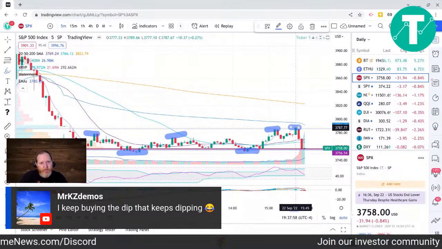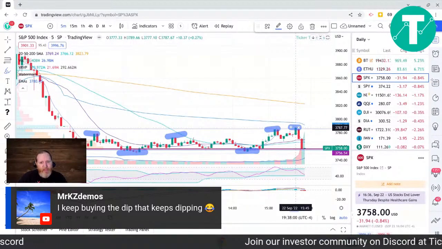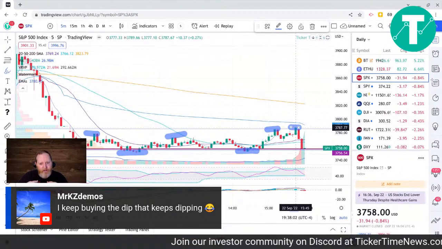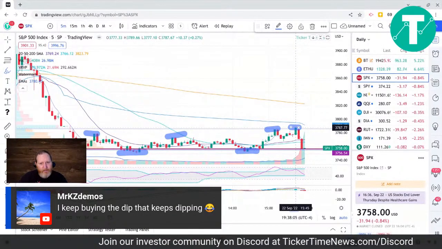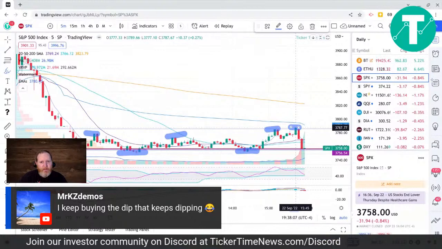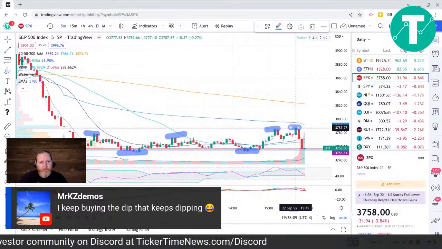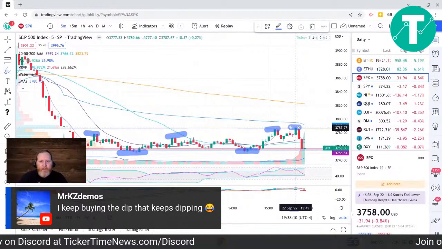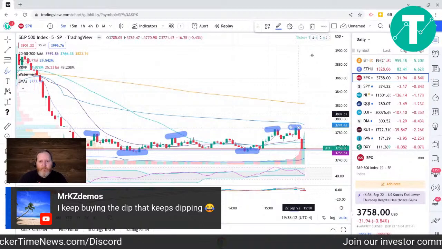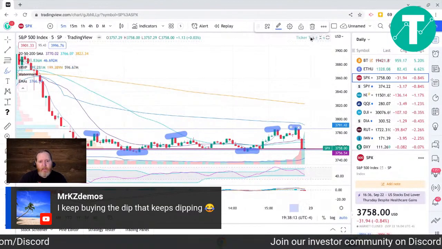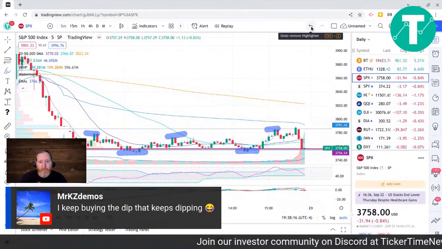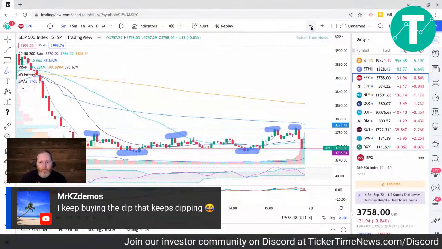Just a couple of little signs here that we saw today that are showing me that I think we could get a bounce, right? I'm looking for that bounce. Like I said, I did open a few long positions today, one in the SPX. I'm thinking that we're going to get a bounce here.